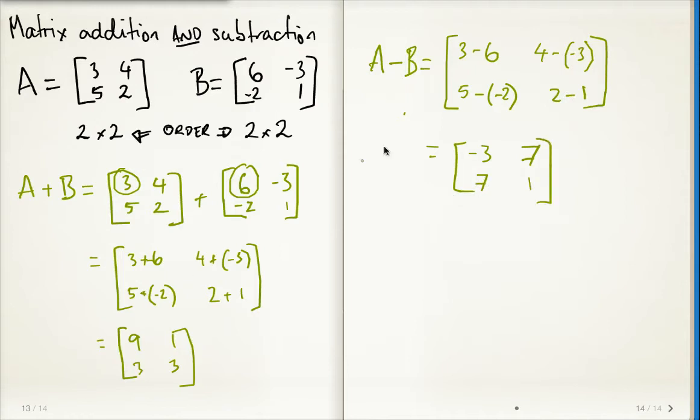Okay, so addition and subtraction of matrices is super straightforward as long as you first check that the order is the same. Okay, if the order is not the same, let's say we had a matrix C, it was like this. Alright, if I wanted to add this matrix C to matrix A, 3, 4, 5, 2, we don't have corresponding elements.